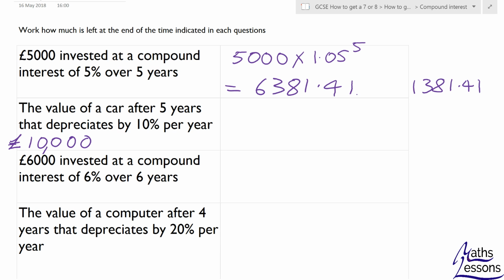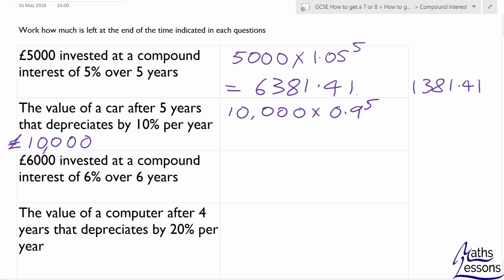Okay, the value of the car after 5 years, it depreciates by 10% per year. So we've got our original £10,000, and our 10% depreciation means it's going to go down by 10%. So that's 90% after 1 year, which gives us a multiplier of 0.9, and we're going to do that over 5 years, so we're going to times by that.